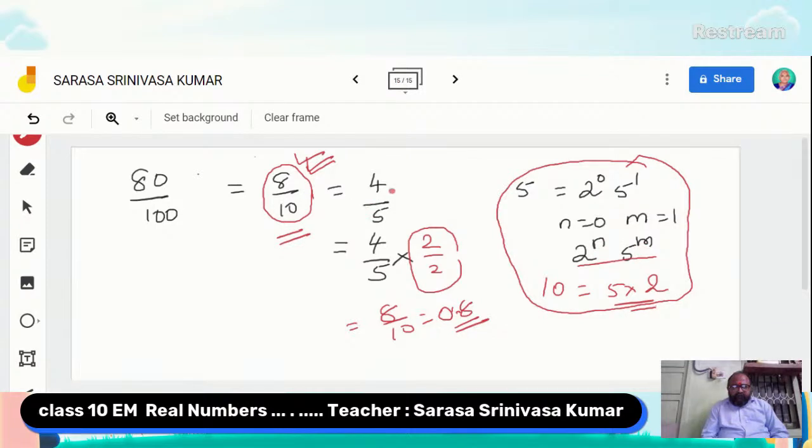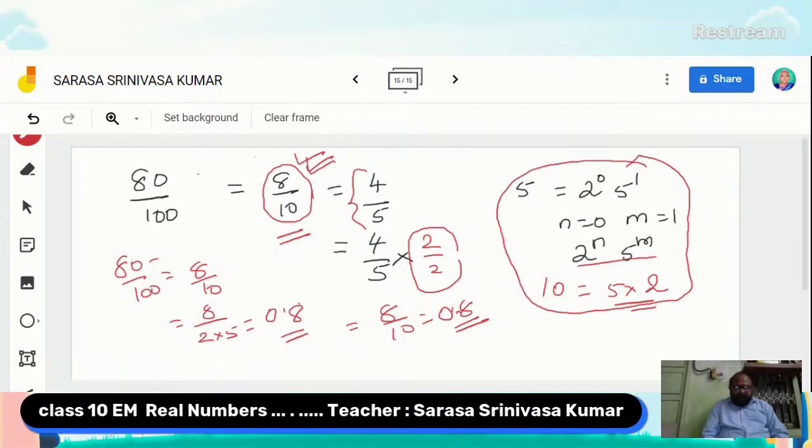So we can simply, without cancellation, write 80 by 100 equal to 8 by 10 that equal to 8 by 2 multiplied by 5 that equal to 0.8 we can say.